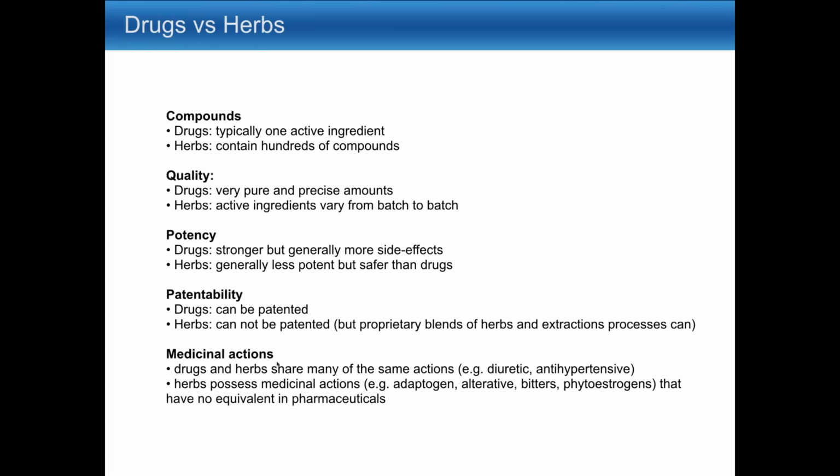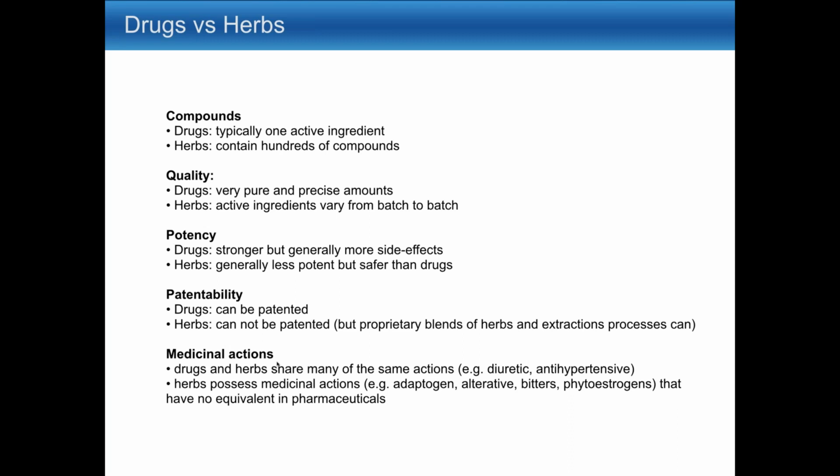Now, one thing about drugs and herbs that's, I think, unique: because herbs have multiple constituents or phytochemicals in them, the likelihood of them having more medicinal actions and properties is much greater with a herb than a drug. Now, that's not to say that certain drugs don't affect multiple systems in the body.